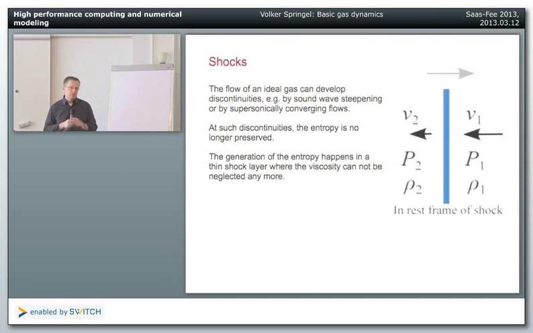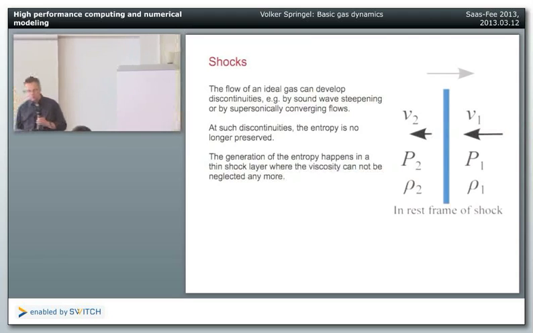It's because at the top of a wave crest, the speed of sound will be slightly faster because it's compressed, so the temperature is higher. So the wave crest on top will move slightly faster than the rest of the wave. And that leads to a steepening of the wave with time. So when you start out with a nice sinusoidal wave, it will modify its shape, and it will tend to become steeper and steeper and steeper.